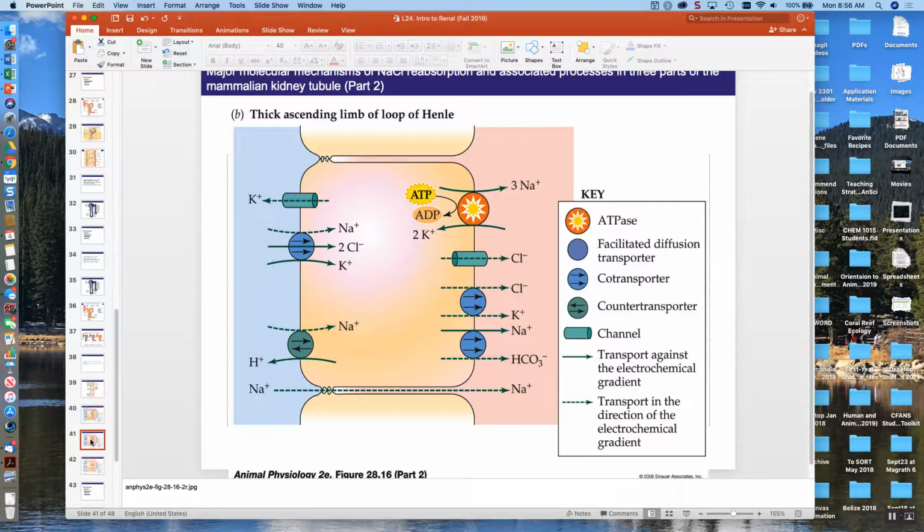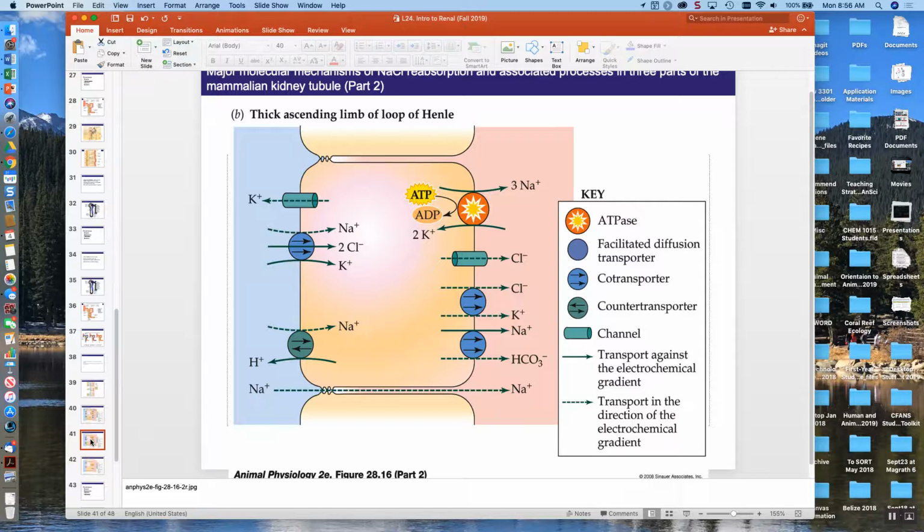So, going back to our document camera here, we're actually now focusing on the thick ascending limb. It is a little thicker than the rest of the nephron.